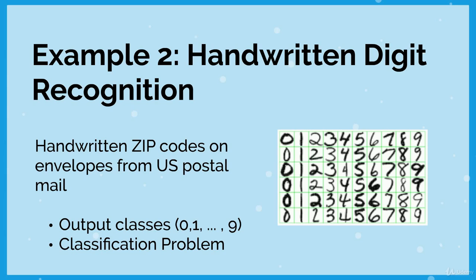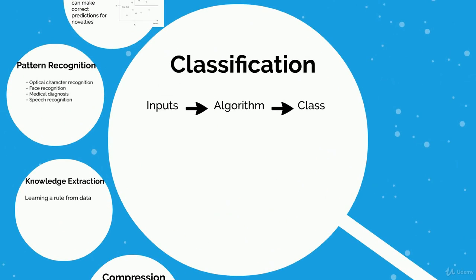So let's talk a little bit more about what classification algorithms entail. So in classification, you have your inputs, you have your algorithm, and then your output is going to be a class. A lot of these algorithms are going to be defined by the type of output that they produce.